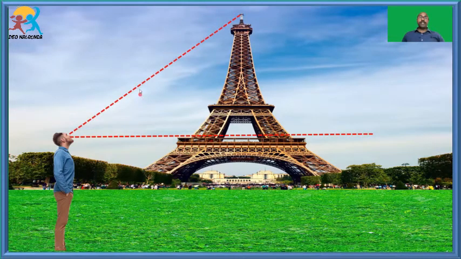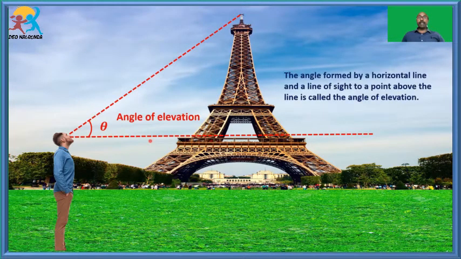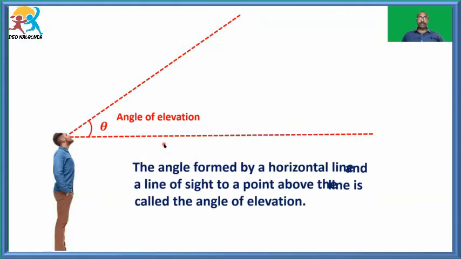Now this line of sight is making some angle with the horizontal line. This angle is called angle of elevation. So we can define the angle of elevation as the angle formed by a horizontal line and a line of sight to a point above the line.